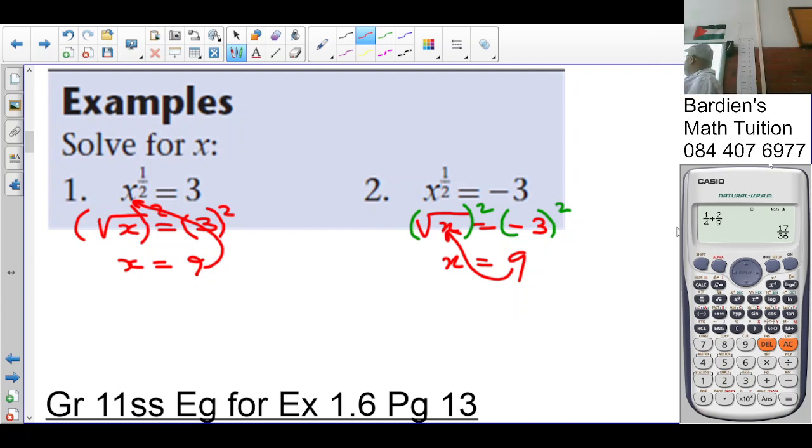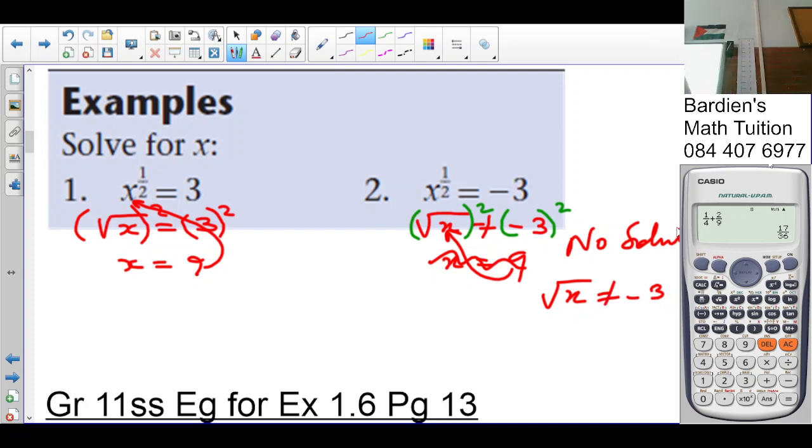No. So there is no solution. At this point you say no solution, which means to say there is no real value for x which will make that statement true, for it to be real or exist to us. You guys understand? So there is no solution.